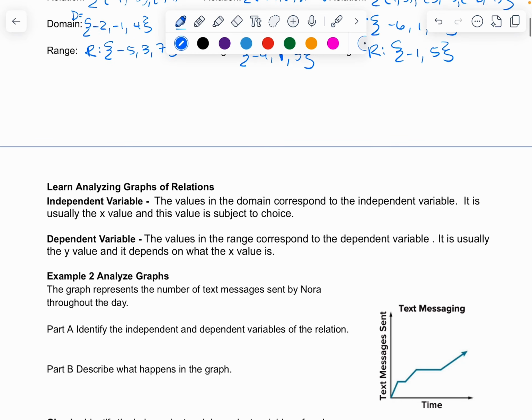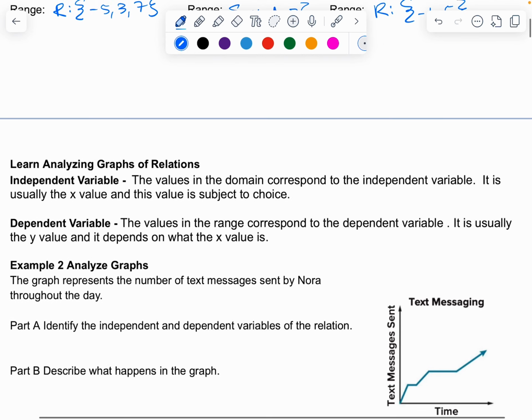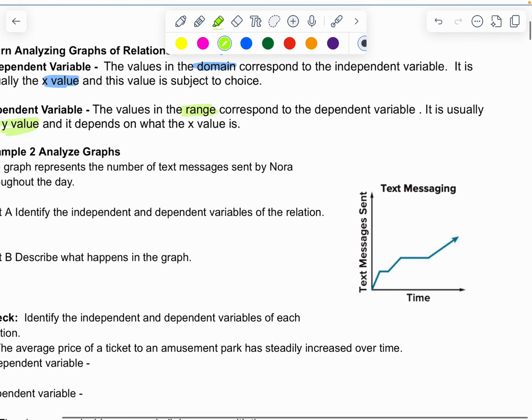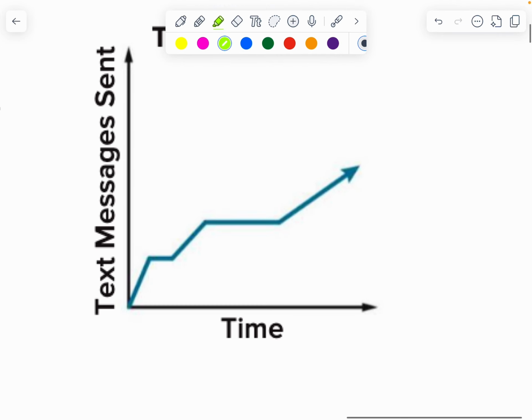Okay, the next part, independent values. Independent are the domain, so that means it's right here, our x value. Then our dependent is the range, and it's usually the y value, and it depends on what the x value is. So if I look over here, my dependent would be time.